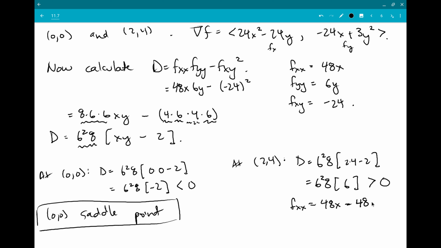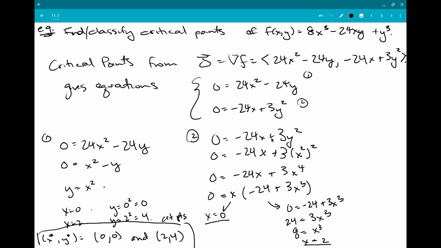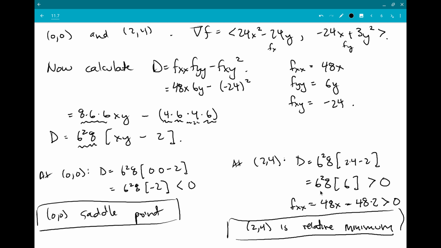So that's going to be 48 times 2, which is a positive number. So since I have the discriminant is positive and the second derivative is positive, if I went back to my table, that would tell me that this is a relative minimum. And so at this point, the problem's done. We found the critical points, and then we classified them.